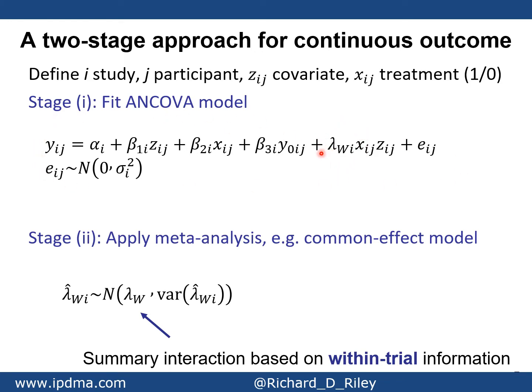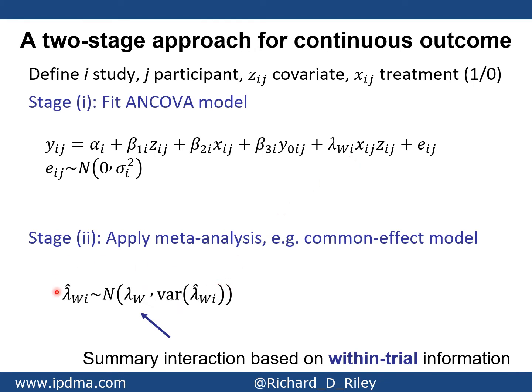You'd take an estimate from those trials of the lambda, the interaction term, and its variance, and then in the second stage we'd apply a meta-analysis model where we'd say, okay, let's assume that the estimates from all the studies are approximately normally distributed around some true interaction effect, lambda, and the variability is due to the within-study variability, which is the variance of the interaction estimate from each trial.